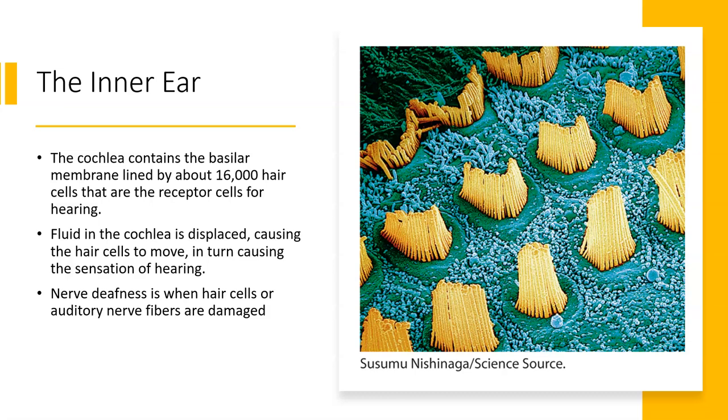So, for example, if you are a rock and roll musician who hasn't taken steps to protect your hearing during performances or practice, you may experience nerve deafness. Or if you work in a very loud workplace, like a factory with lots of noise, and you don't take steps to protect your hearing, you're likely to experience nerve deafness.